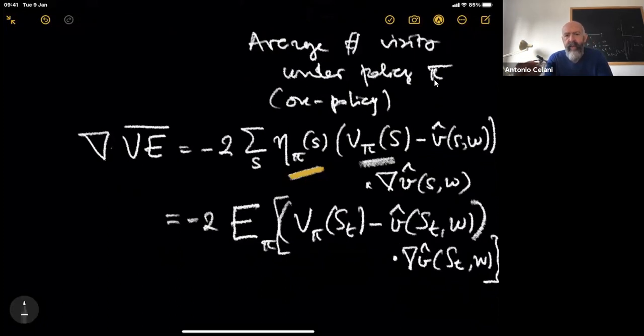This is the real reason why we chose that particular weight function, because it allows us to express that gradient in terms of an expectation of another quantity.